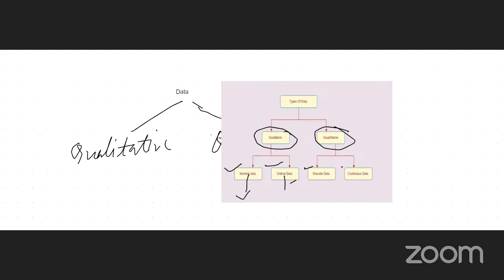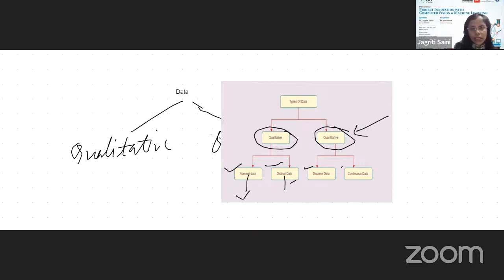Similarly, when we talk about continuous data that belongs to this quantitative structure, discrete and continuous, these entries generally have long-term sequences, some continuous values or some values that cannot be categorized into a limited number of classes.